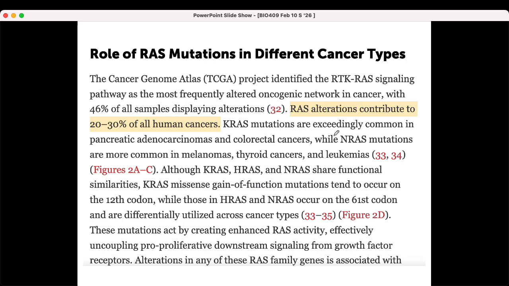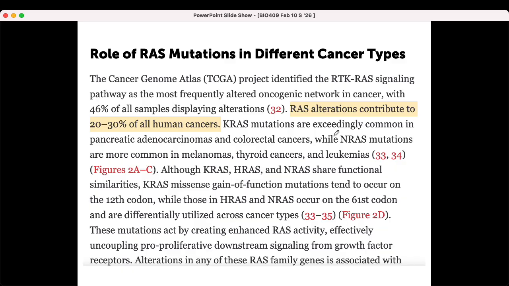So back up here, it says, KRAS mutations are exceedingly common in pancreatic and adenocarcinomas. So pancreatic cancer, super common, you know? And we are not gonna go into it, it's not medical school, but just that awareness that the story expands, right?